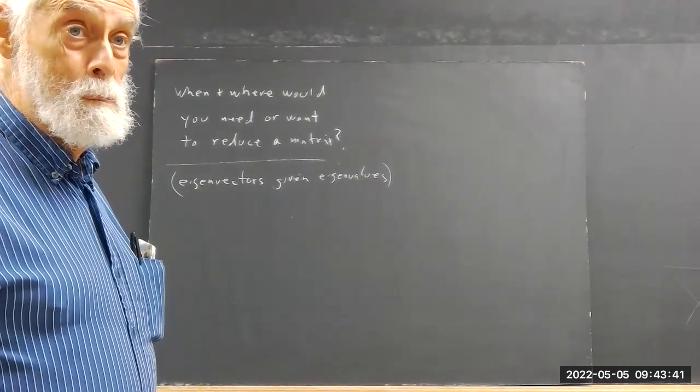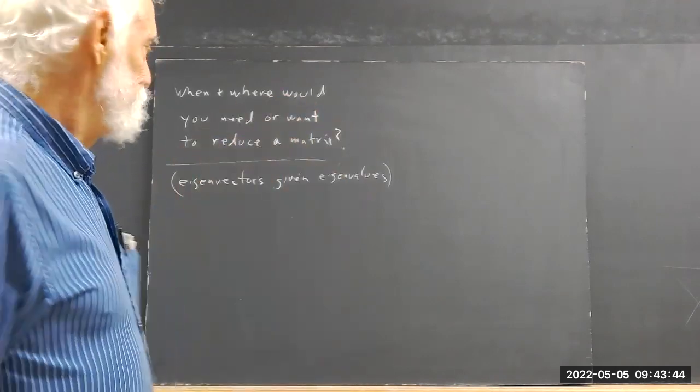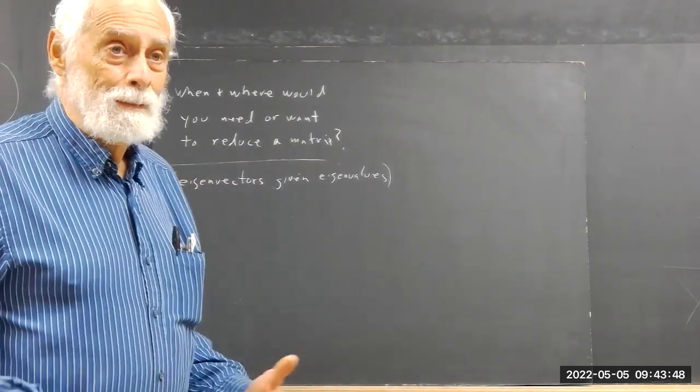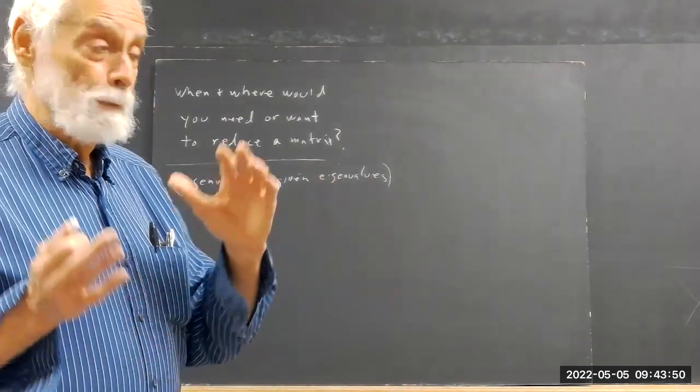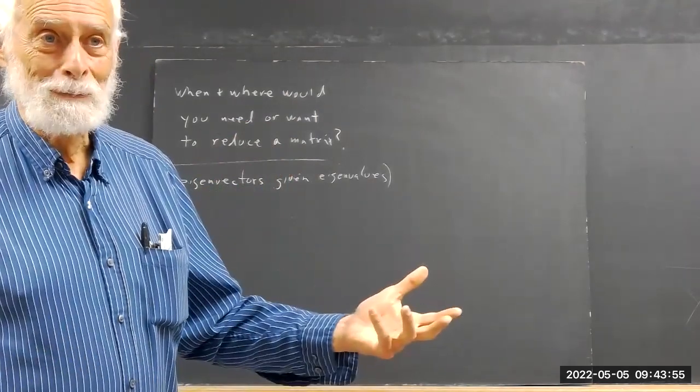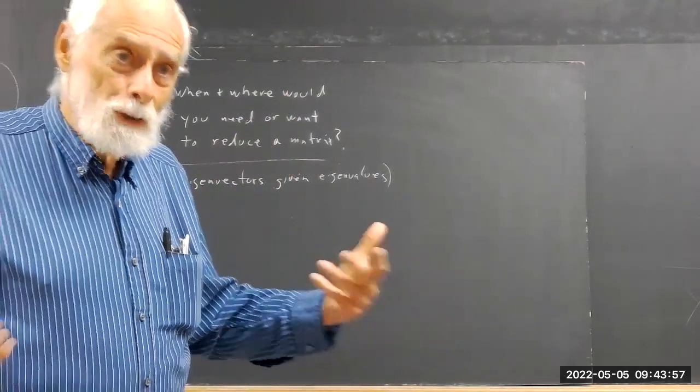Well, if you reduce, yeah, if you have a repeated eigenvalue, say in three-dimensional space, you're going to get either one row of zeros or two rows of zeros. What's that tell you? Okay. So you might think about that.